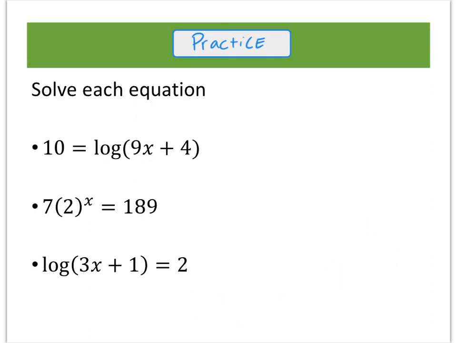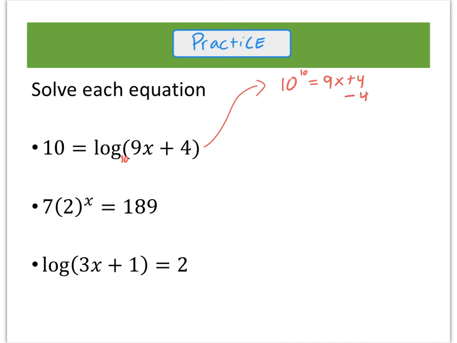All right, one last time, I recommend pausing this video and practicing. I'll show you how to solve them really quickly. So I'm going to convert it to an exponent first. The default base is 10, so 10 to the power of 10 equals 9x plus 4. 10 to the power of 10 is a huge number, and so I'm just going to leave it as 10 to the power of 10.